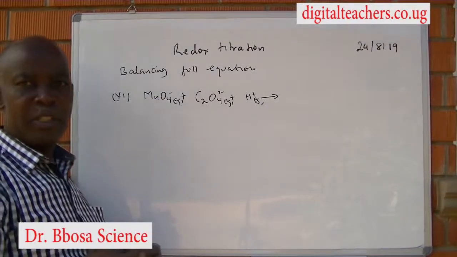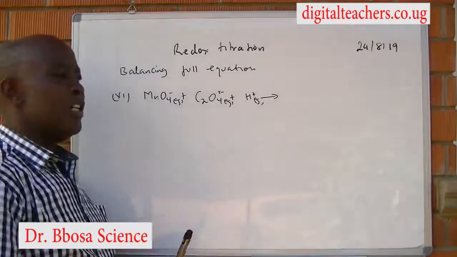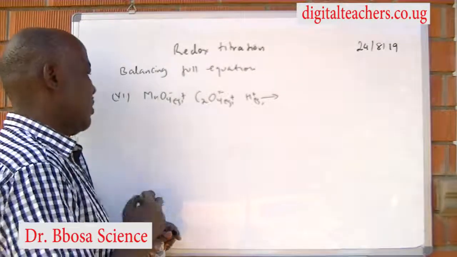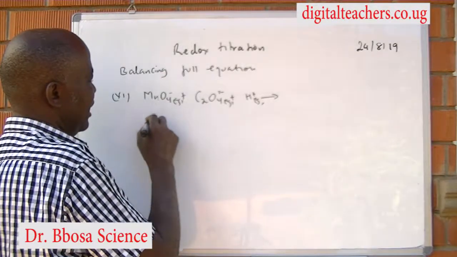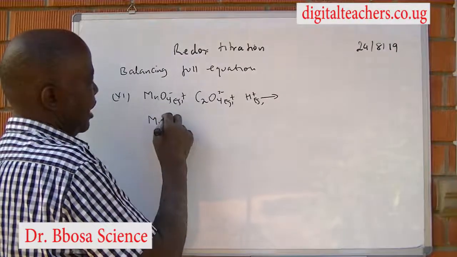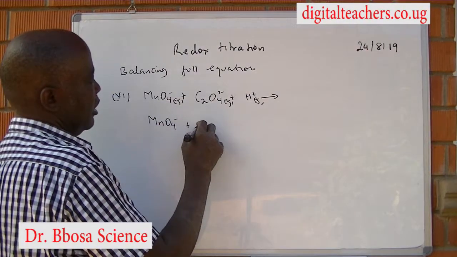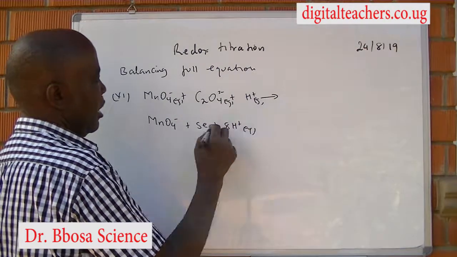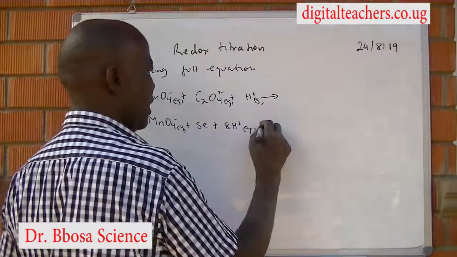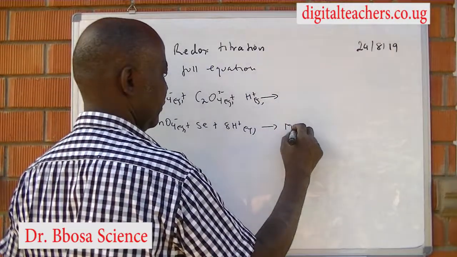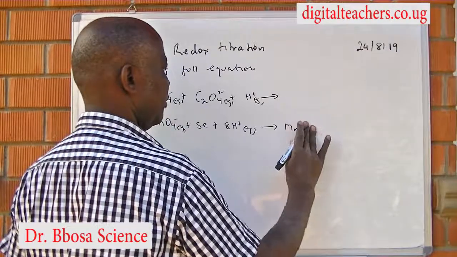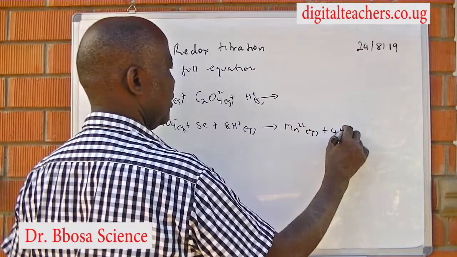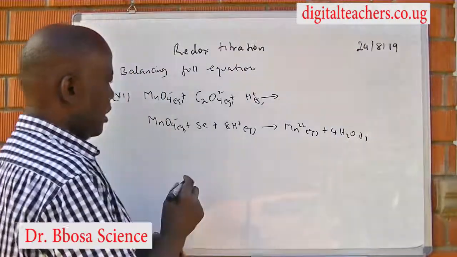acid. You can pause, write a full equation, then you compare your answer with mine. Similarly, we write a half equation for manganate ions. Manganate ions, it is 5 electrons plus 8 hydrogen aqueous, we get manganese 2 plus aqueous plus 4 H2O liquid.